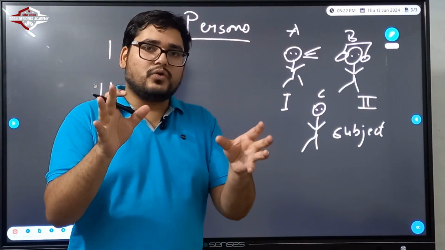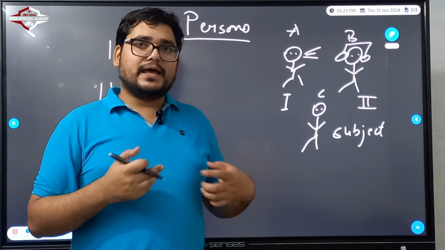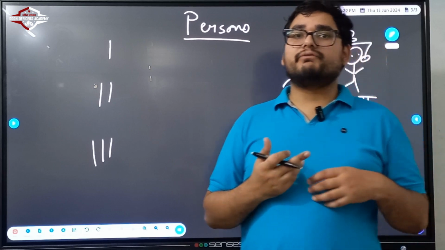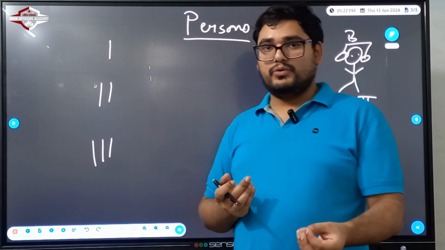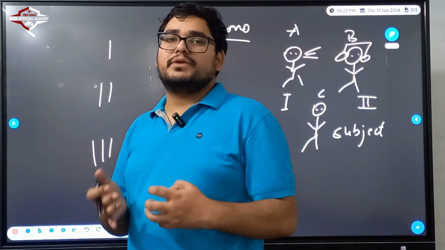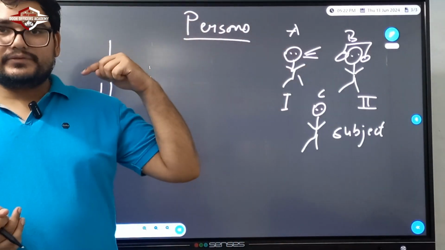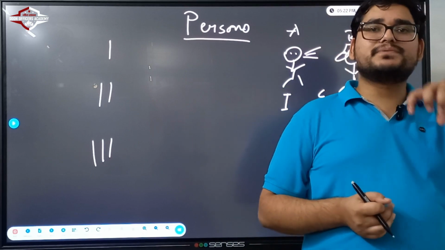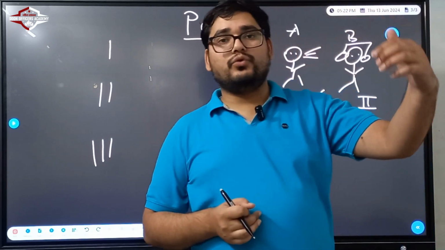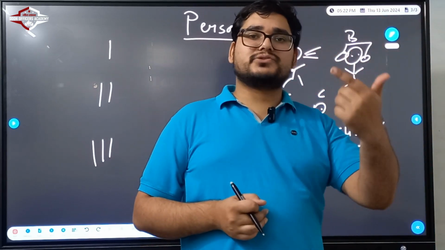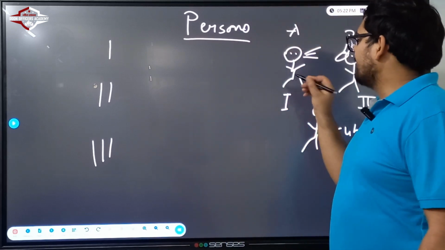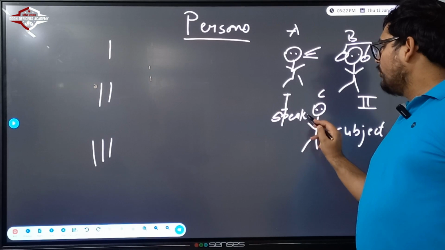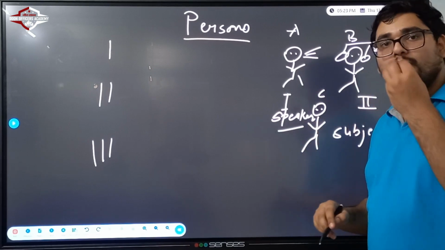Just assume it like a role. Whenever a conversation is going to be held, the first person will obviously be the one who is about to speak. The second person will be the one who is about to listen. And then the third person is the one who is actually the subject of conversation, about whom these two persons are talking. So the first person is the speaker, the one who is talking.